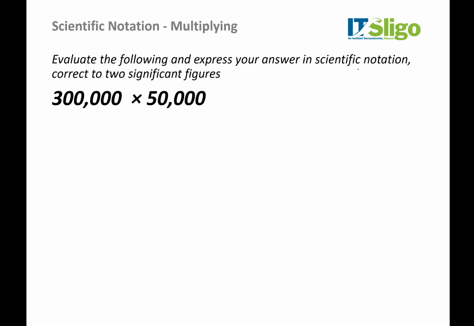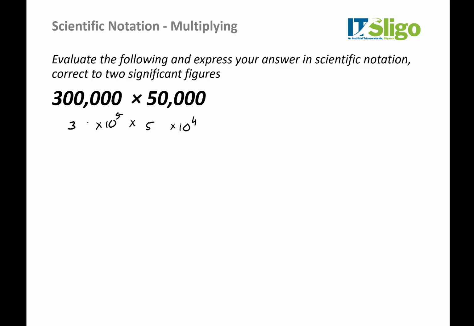So when we're multiplying two values in scientific notation, guys, I'm going to write both values in scientific notation. The other side will be 5 by 10 to the power of 4. I hope that makes sense. Now I don't really need the point zeros because there's no specifications at the moment.